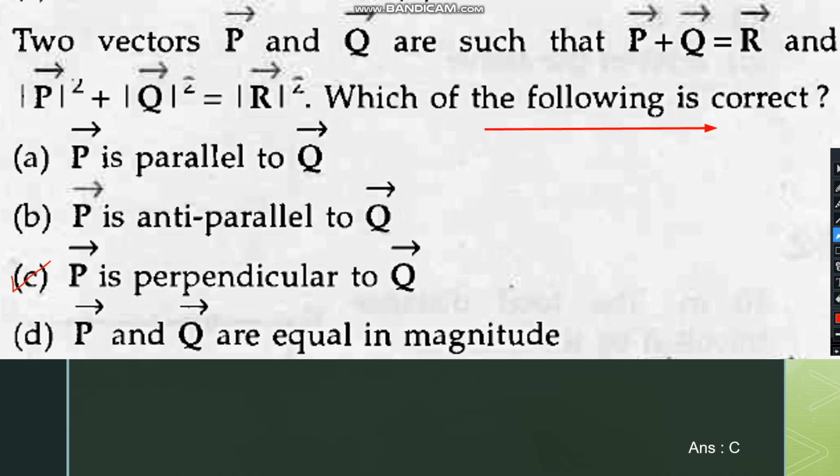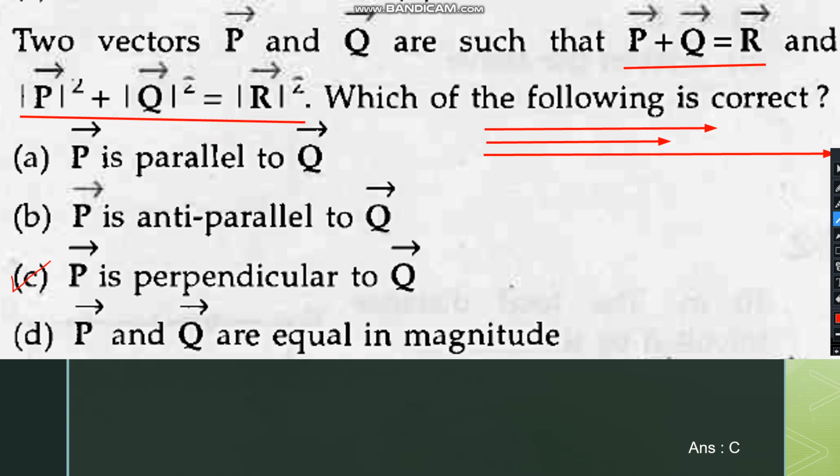Let this be P, let this be Q. In this case, P plus Q, let's say it's R. Then this must be somewhat R, a big one. Yeah, this must be something like R. Now, in this case, first, this statement is matching. But while talking about this statement, we know this is Pythagoras theorem and this applies to a right angle triangle only.